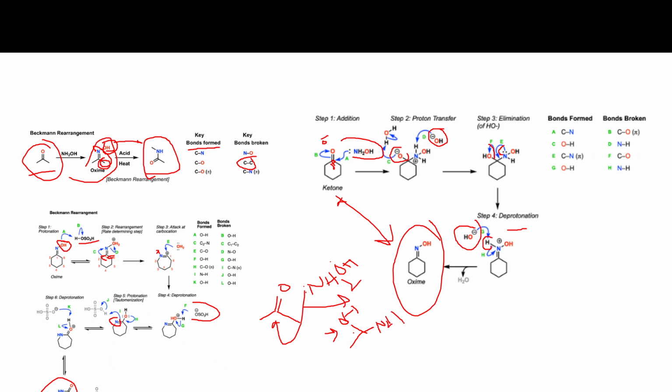Now the N has more than three substituents, so it will become positive, and this methyl is already there. Now what will happen, your water takes one proton and it will become NHOH.